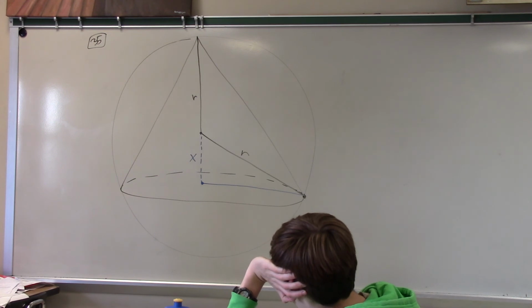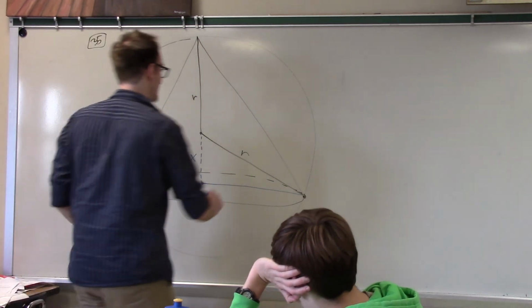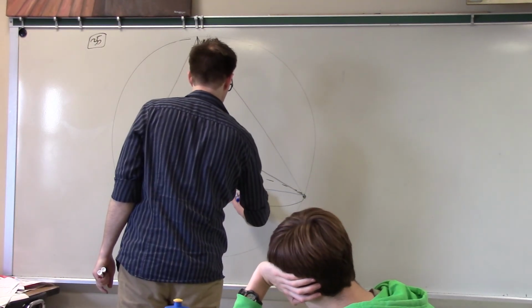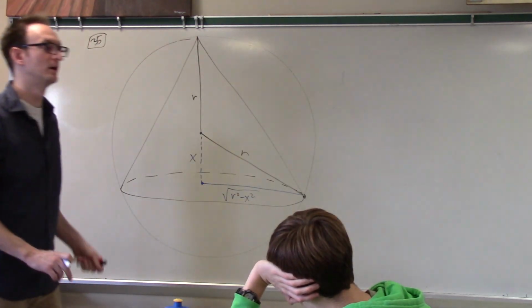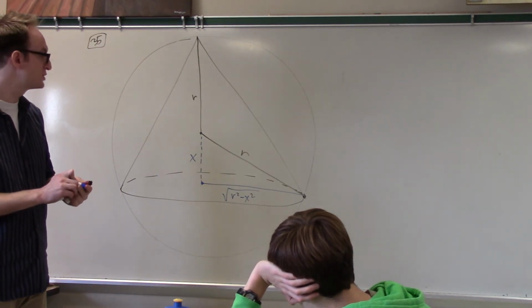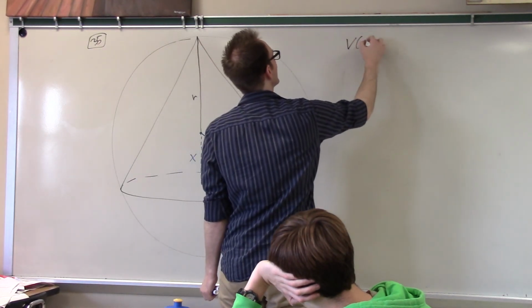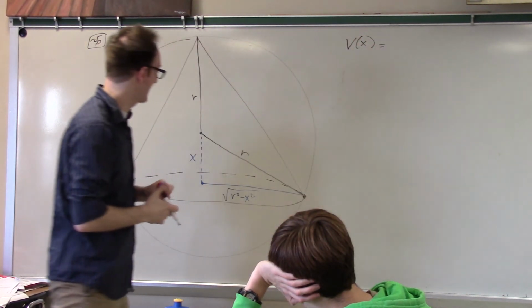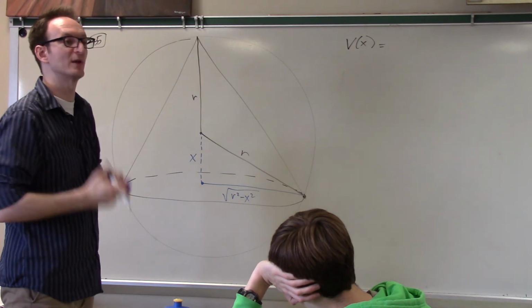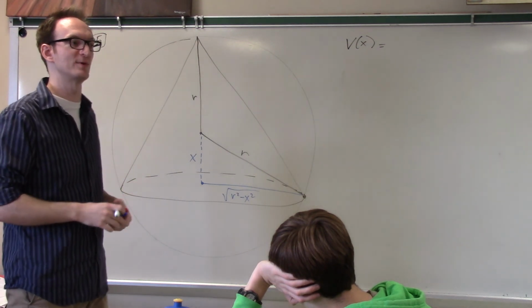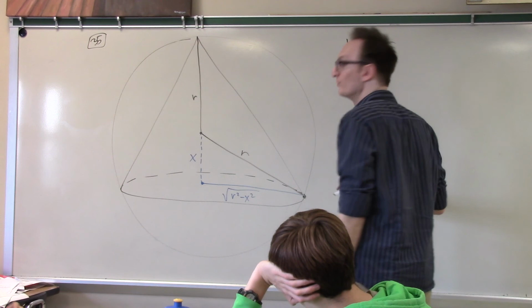Okay, can I go fast now? All right, if this is x, then this is the square root of r squared minus x squared. And now I'm prepared to write down the formula for the volume of a cone. In terms of x, the volume of this cone is one third pi r squared h, as you all learned when you watched my cone volume video.